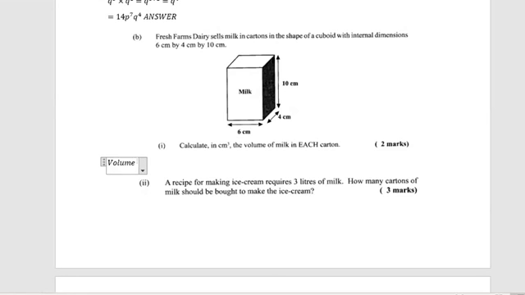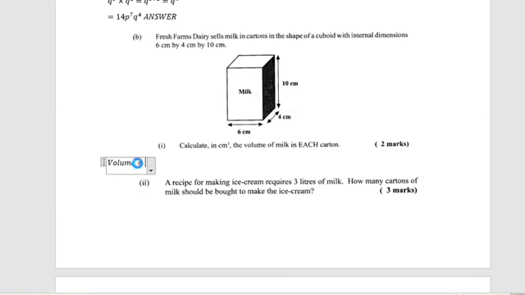And the very good thing about the section called measurement is that CXC tend to be very generous, and whichever question they usually ask, once it requires a formula, they tend to put it at the front of the booklet, multiplying the dimensions, which would be length times width times height.